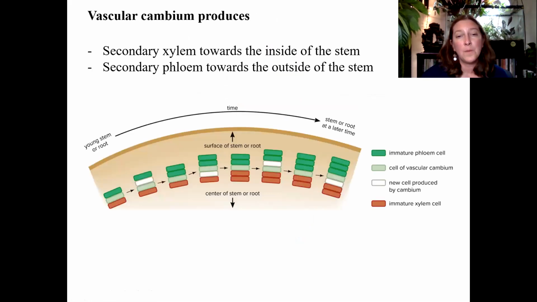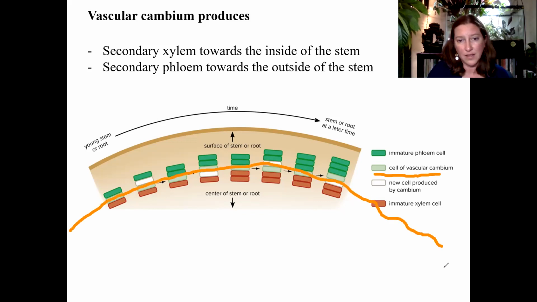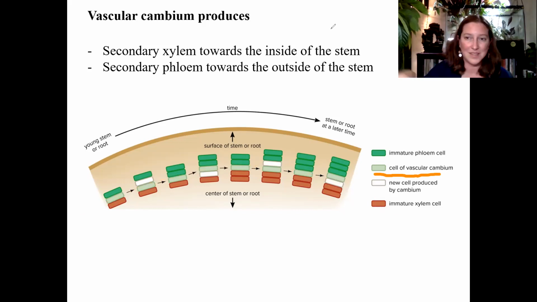So we learned there's the vascular cambium and the cork cambium, right? So look here, cell of vascular cambium. This shows how, remember, the vascular cambium and cork cambium are shaped like a ring. You can't see the whole ring here, but you could picture it going like this and off the slide.